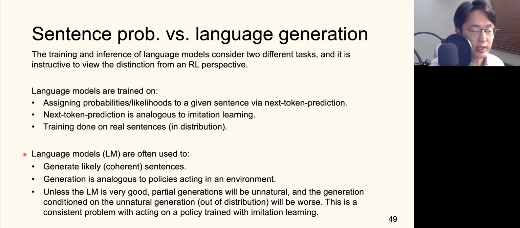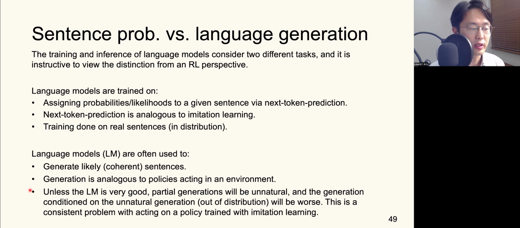However, during inference, language models are often used to generate likely sentences and coherent sentences. And you can think of the generation as analogous to having a policy acting in the environment. Now, unless the language model is very good, the partial generations will have a slightly unnatural feel.